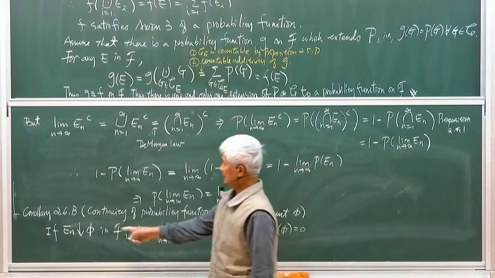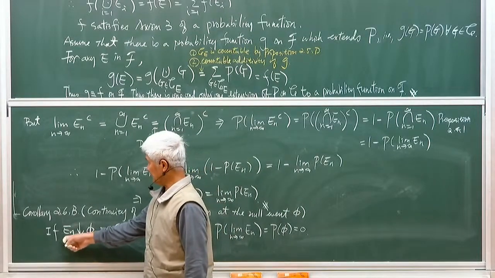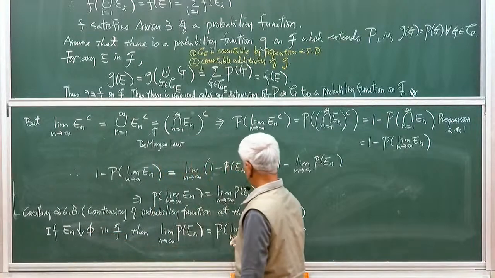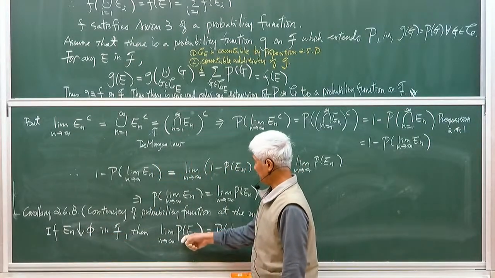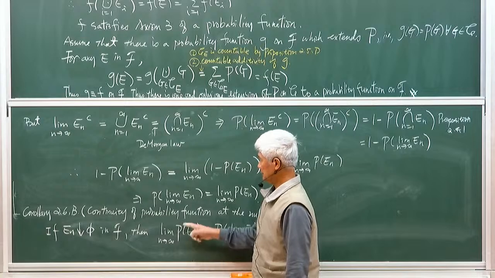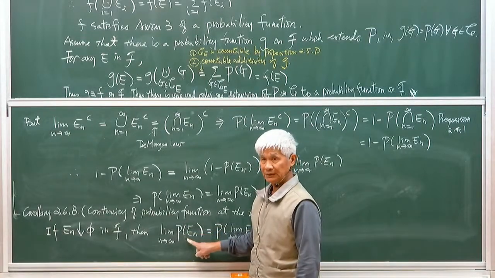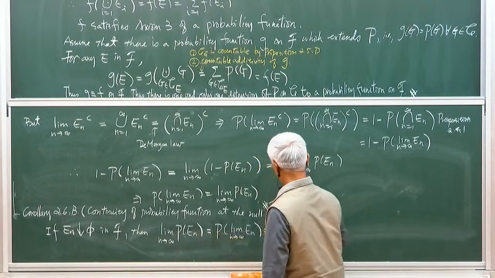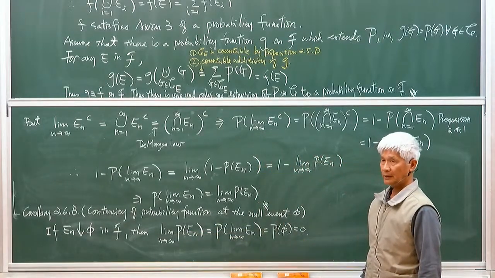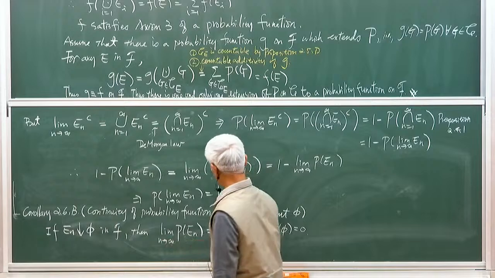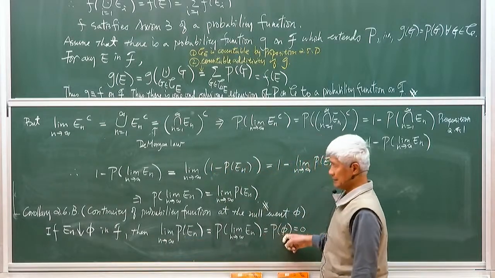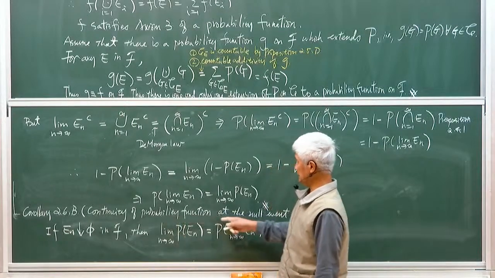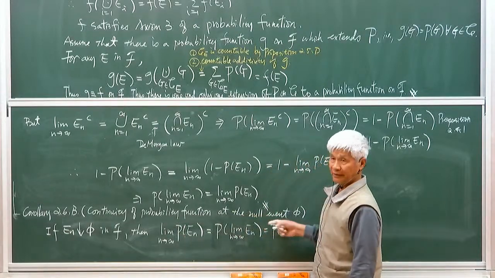Whenever the limit of a decreasing sequence of events is the empty set, then the probability of En, because this is also decreasing, the limit is also equal to 0, because the probability of the empty set is 0. So we call this special case the continuity of probability function at the null event.